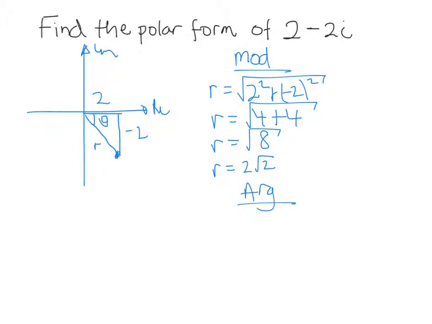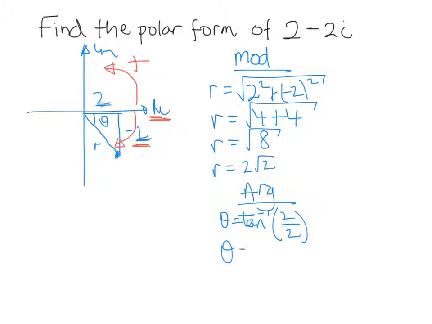Okay, now the argument. Usually when we have the angle from the positive real axis around anti-clockwise, that is a positive argument, and around this way is a negative argument. So our argument will be negative. And if we say, alright, well, theta will be equal to inverse tan of, let's see, 2 over 2, where that's the opposite side and that's the adjacent side. 2 over 2 is 1.